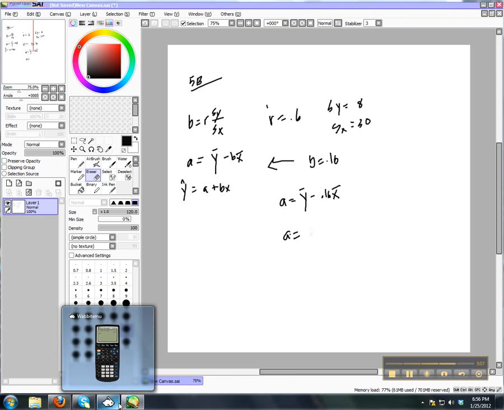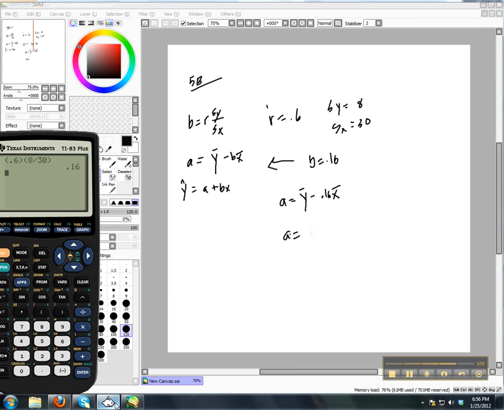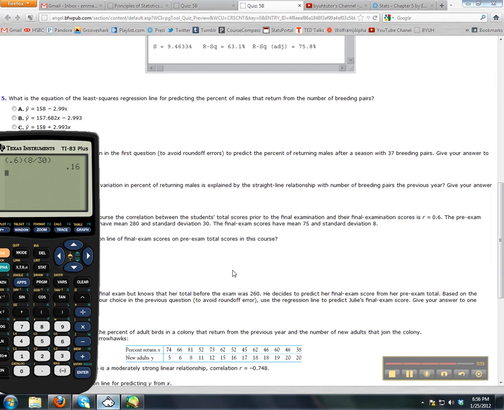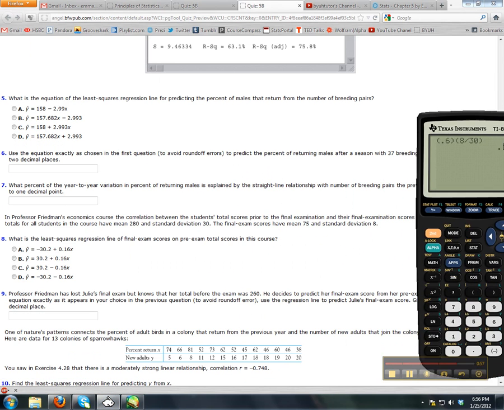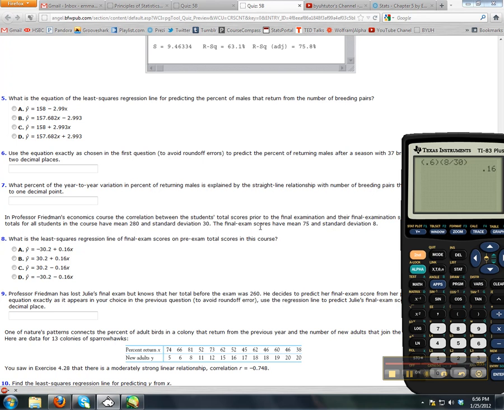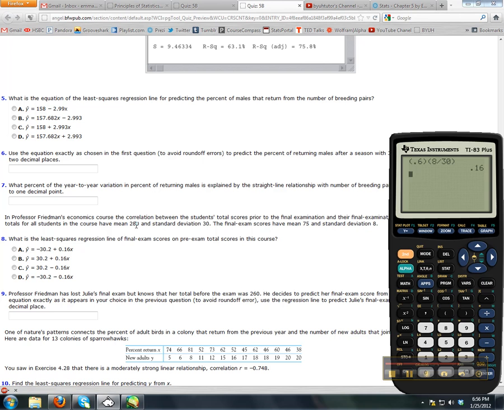Y bar minus 0.16 times x bar. Going back to the question, x bar is the explanatory, which is 280. We'll start with the y bar. Y bar is 75 minus 280 times 0.16, and that is our A, right?